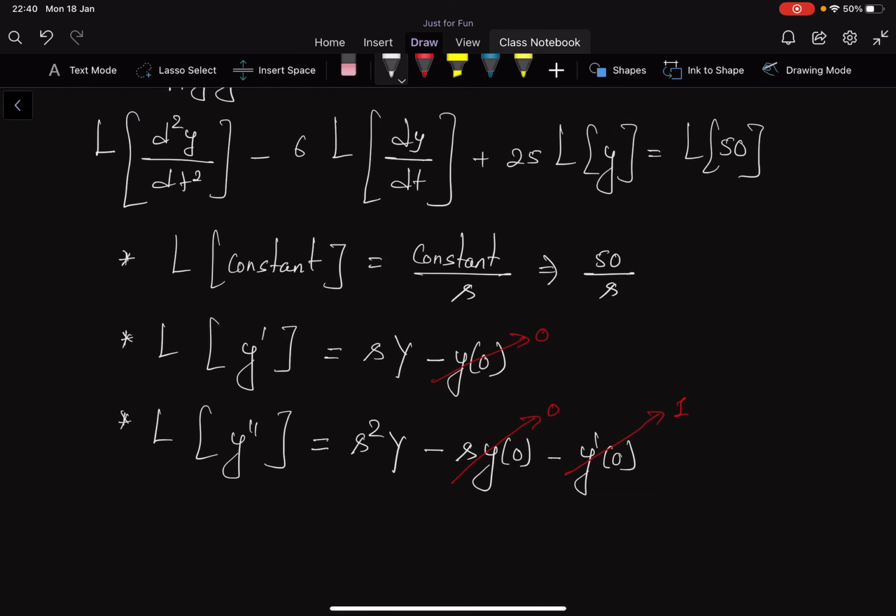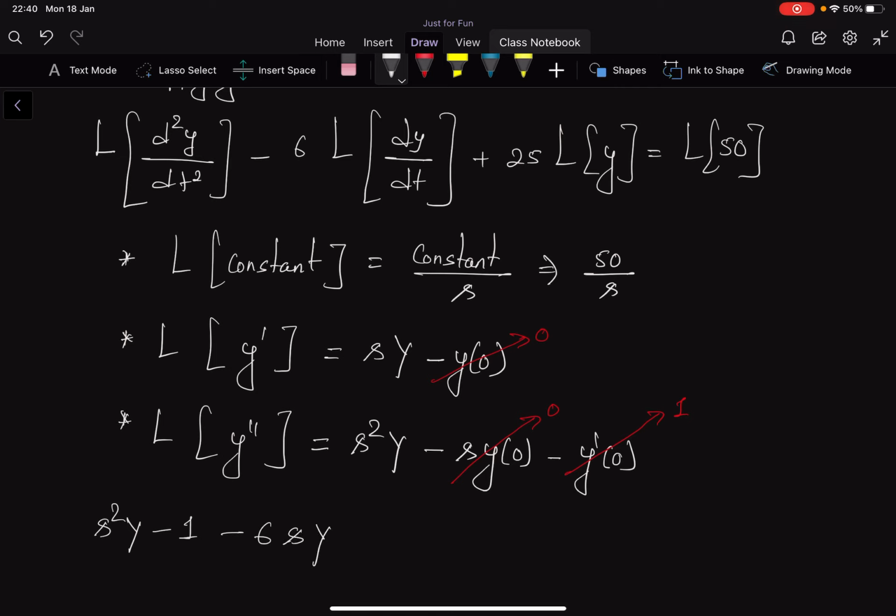So our equation here, the first term with the double derivative, is going to be s squared Y minus 1. Then we have minus 6, and then only for the first derivative, which is going to be sY.